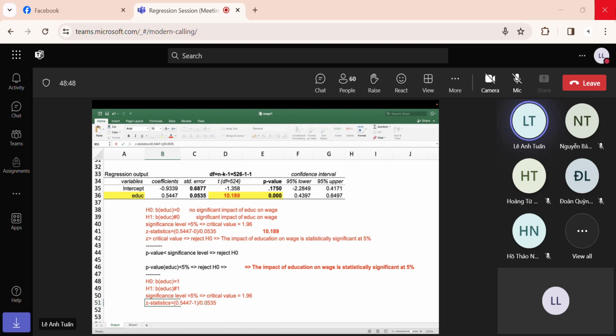Then we divide by the standard error for education, and you can get z. So it is the coefficient minus 1, divided by the standard error. Based on this result, we will reject or fail to reject the null hypothesis.